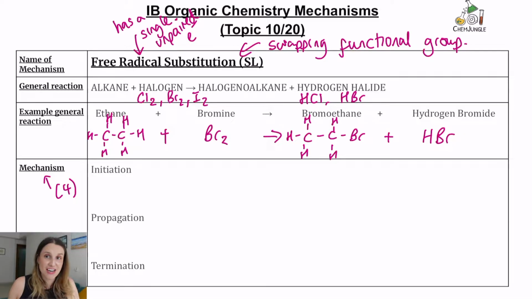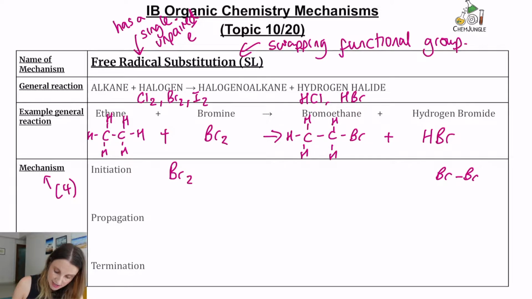So in the initiation phase for this reaction, it actually only includes the bromine molecule, the Br2. Now, bromine exists as a diatomic molecule, and you've got that shared pair of electrons in the middle like this. Now, what happens in this first step is one of these electrons goes to one bromine and one goes to the other bromine.